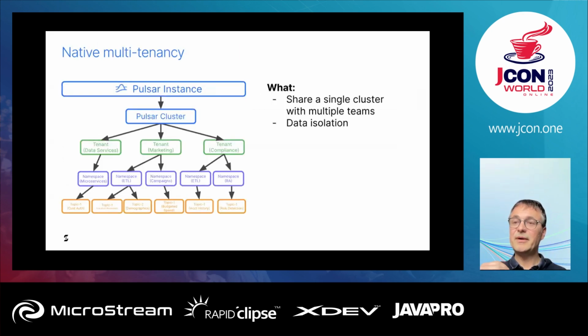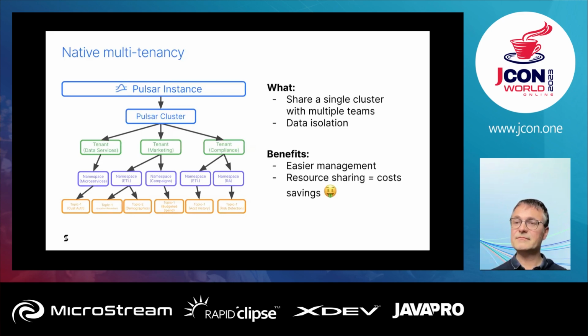Multi-tenancy allows different departments or teams within an organization to share a Pulsar cluster while keeping their data isolated. So multi-tenancy helps applications work in a shared environment by providing structure, security, and resource isolation. The benefits include easier management, as you only need to operate a single cluster for multiple teams.